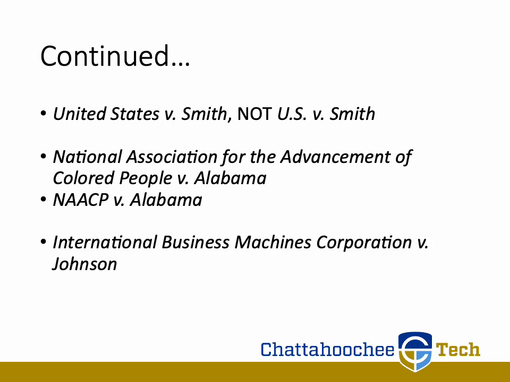Or the International Business Machines Corporation versus Johnson would absolutely be IBM Corp. versus Johnson. Those are widely recognized company names, and people would know what it is that you're talking about when you're talking about IBM and the NAACP.